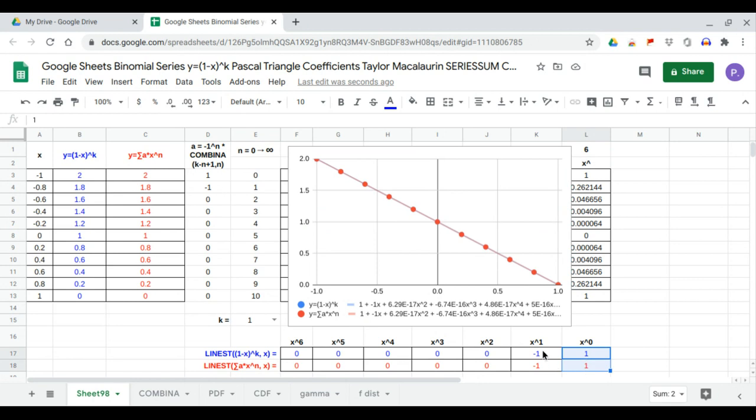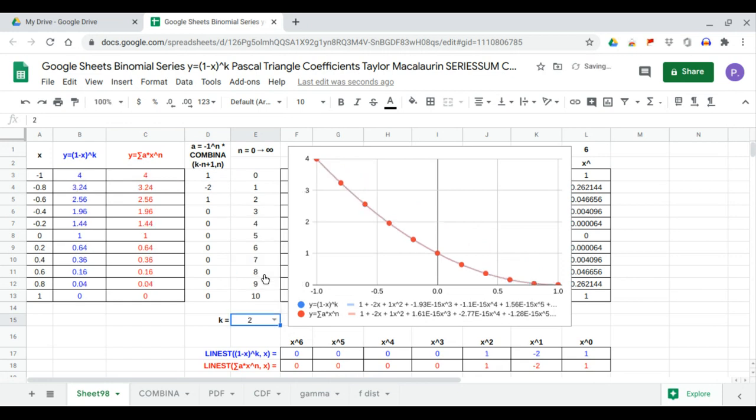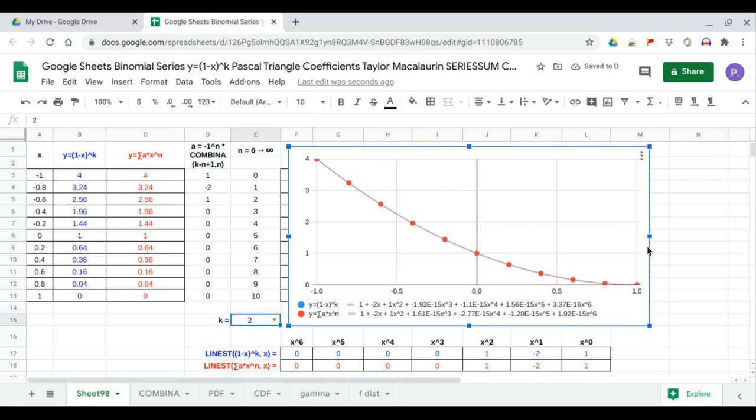So 1 minus x. And our coefficient matches our expansion coefficient. At k equals 2, y equals 1 minus 2x plus x squared. The rest are 0. So 1 minus 2x plus x squared.